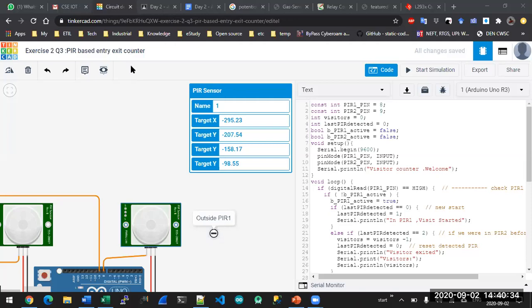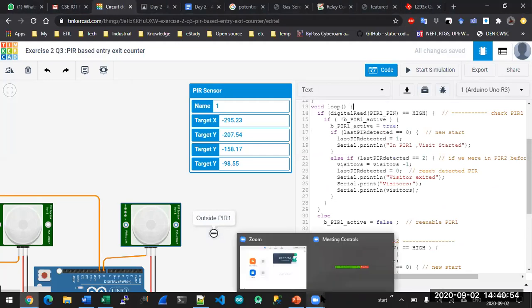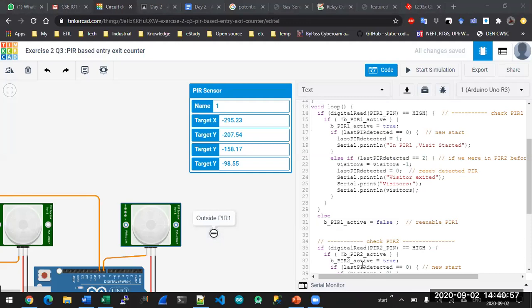Room so that you can understand it better. Okay, if no doubt is for now, so we can move to the next exercise.